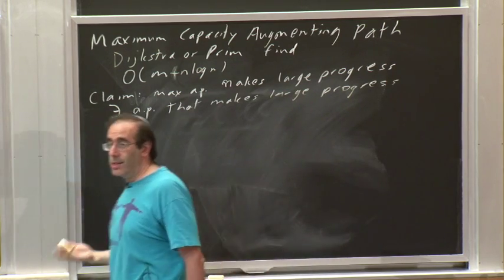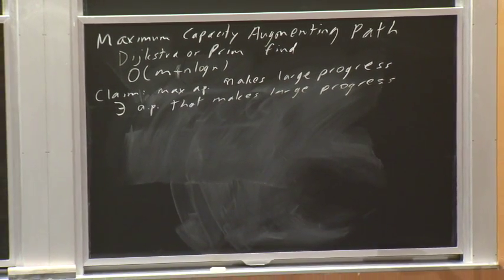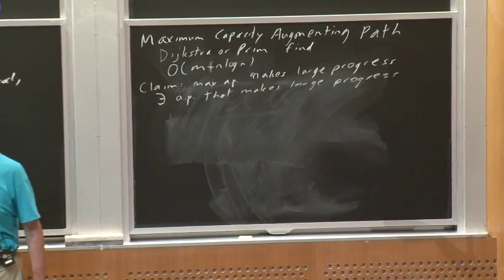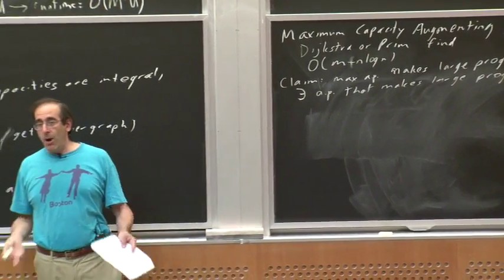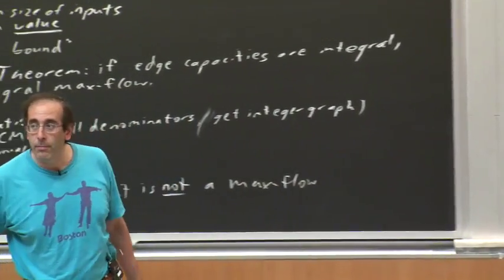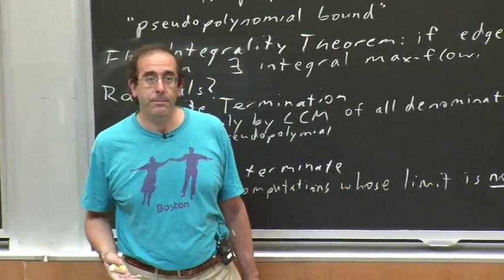Right? If there exists an augmenting path that goes far, then surely the maximum augmenting path will work well. So we need to show that there is some augmenting path that has a lot of capacity. If we can do that, we're done.